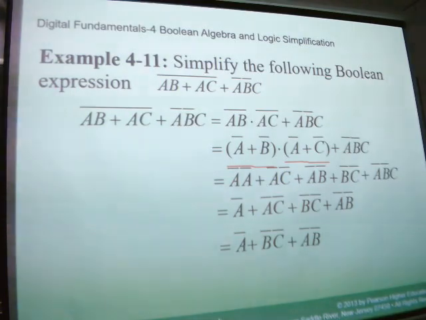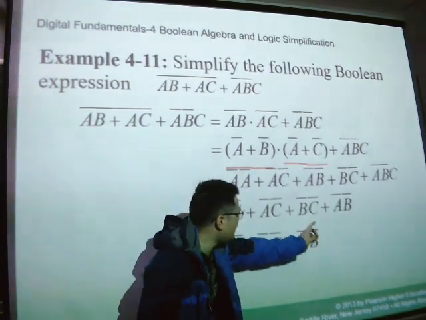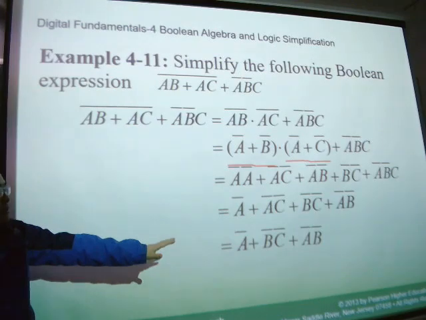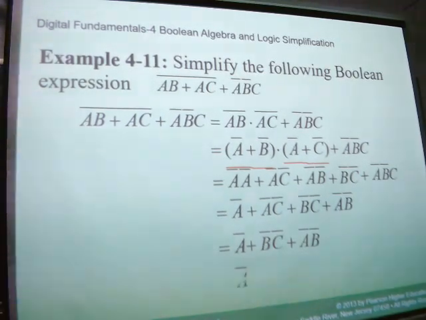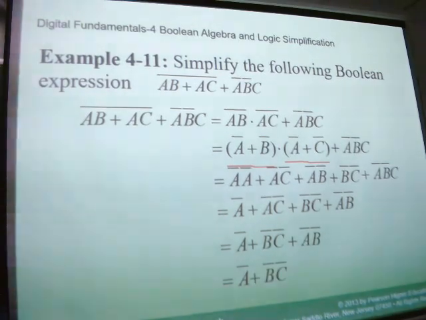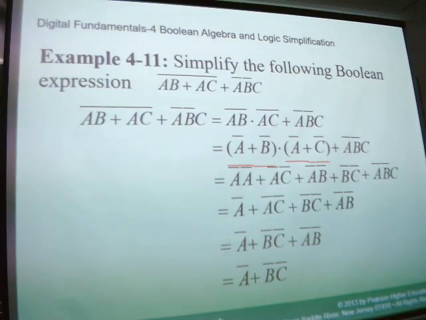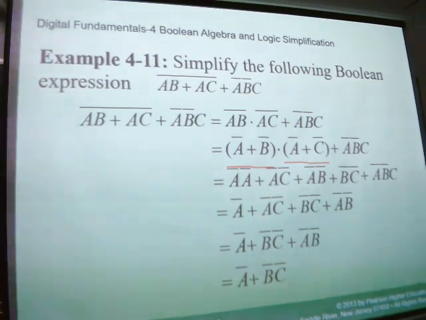Then A bar plus A bar B bar also equals A bar. So the last simplest form is A bar plus B bar C bar.